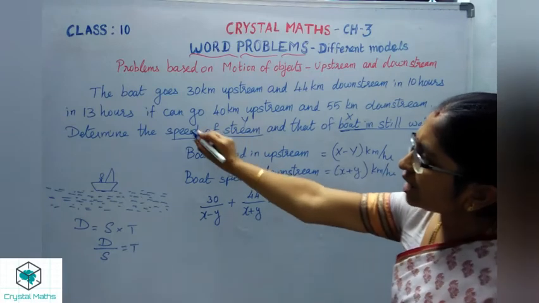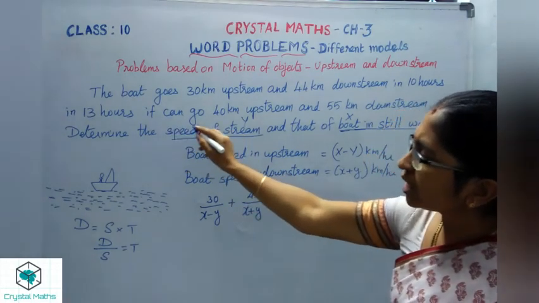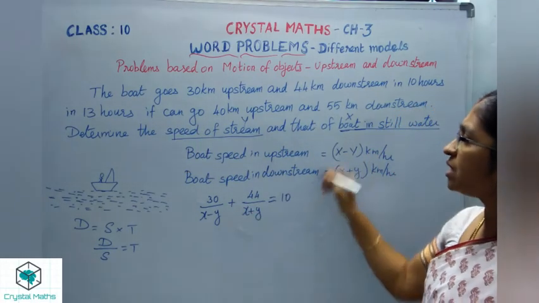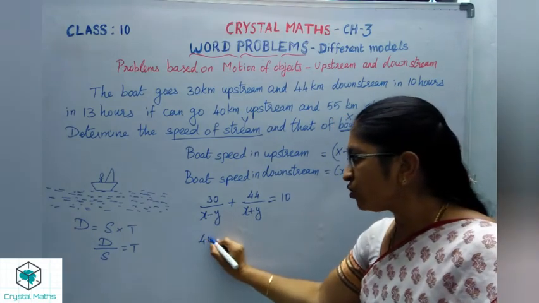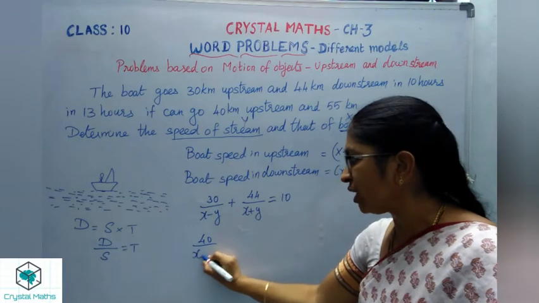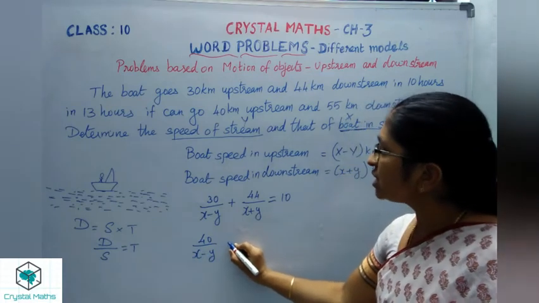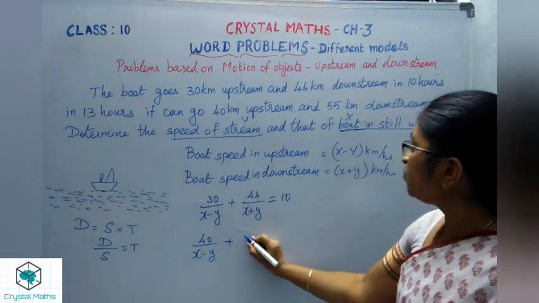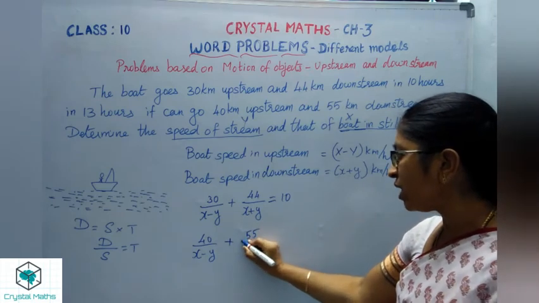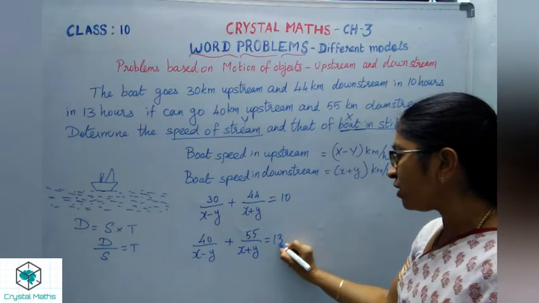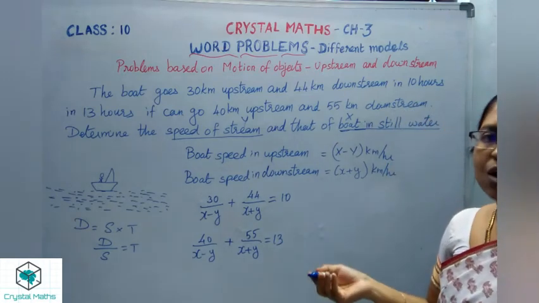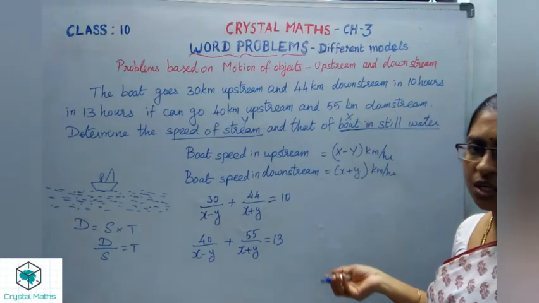In the second line they say 13 hours. It can go 40 kilometers upstream and 55 kilometers downstream. If we use the same method here, 40 kilometers upstream and 55 kilometers downstream is covered in 13 hours. We have to use the substitution method over here.